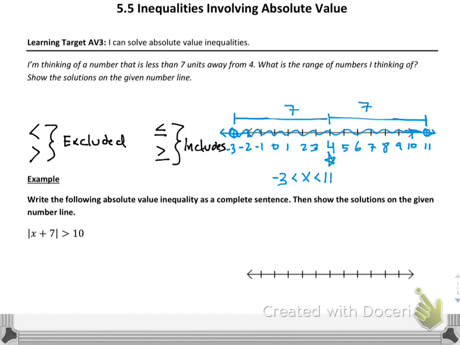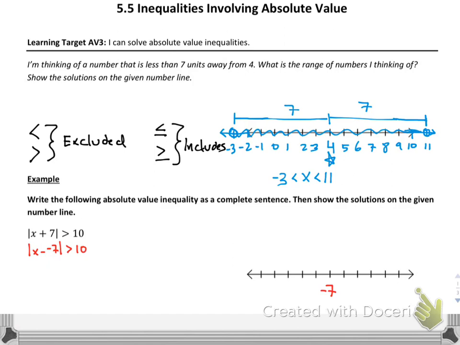And the reason why it's -7 is because distance is often subtraction, right? So the distance between a number and -7 is more than 10 spaces. So more than 10 spaces. So if I'm looking at this number line here, the distance between some number and -7, so here's my -7, is more than 10 spaces.